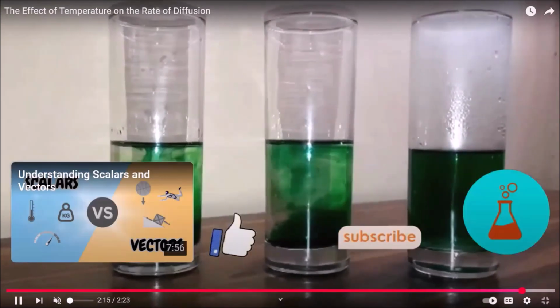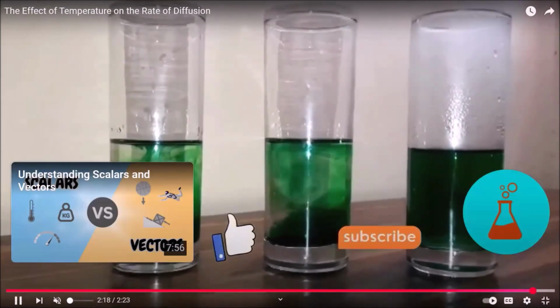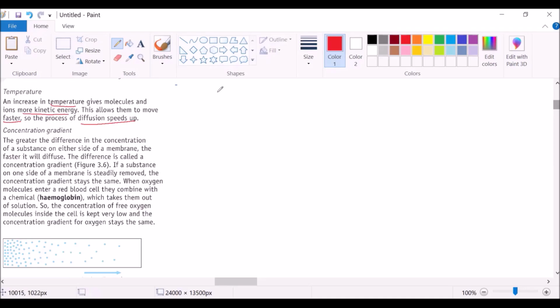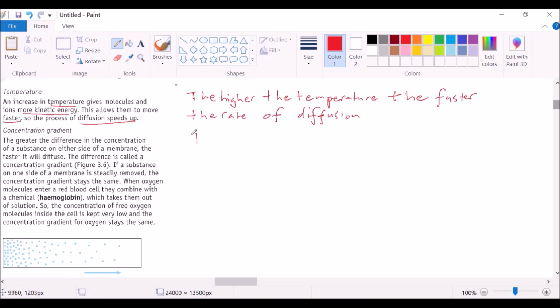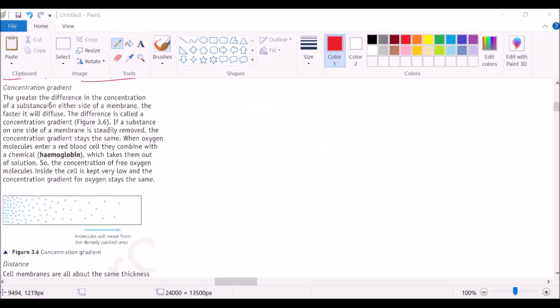The higher the temperature, the faster the rate of diffusion. So in conclusion, we can say the higher the temperature, the faster the rate of diffusion. And the lower the temperature, the slower the rate of diffusion. Now we move on to concentration gradient as another factor that affects the rate of diffusion.